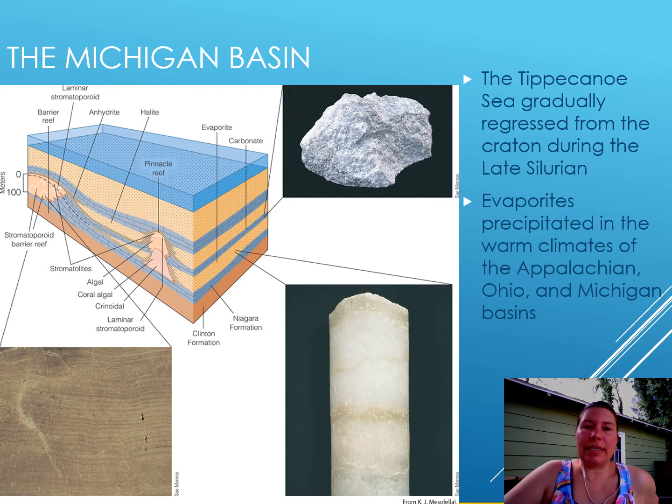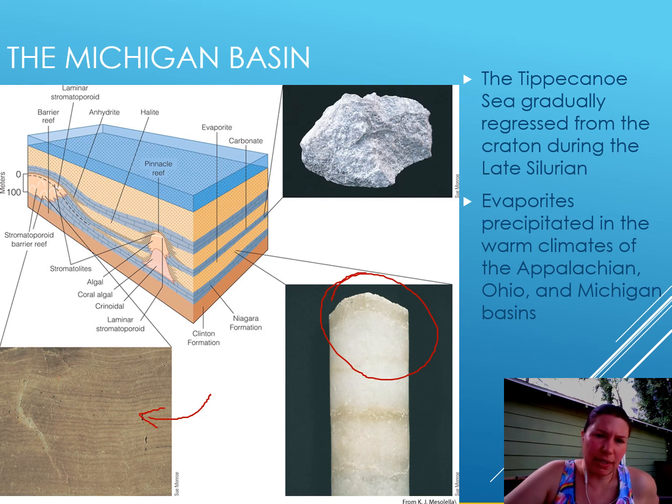The Tippecanoe Sea is finally regressing, with sea levels dropping during the late Silurian. So we have all those evaporite minerals, and limestone is forming as well from the reef system. But then we have rock salts, which is what this picture is of. This is a core of rock salt from the Michigan Basin. Down here, we're seeing the limestone.